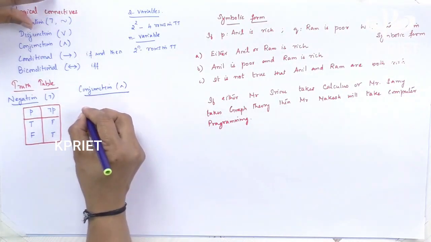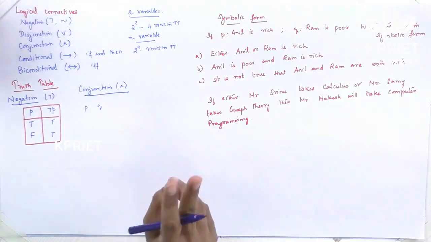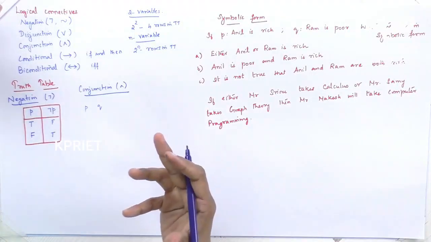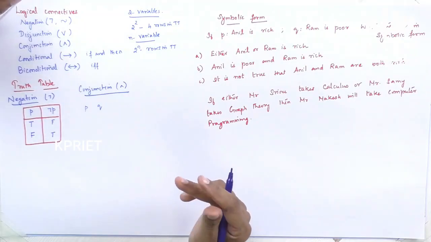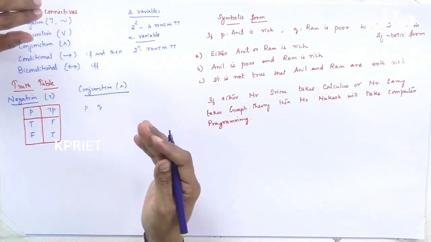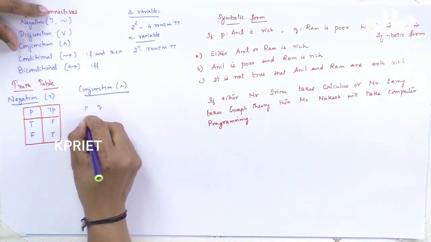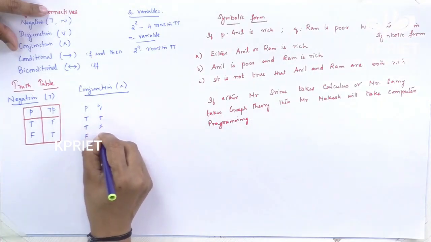Suppose I have got 2 variables, say p and q. Then how many rows do we have in this truth table? It will be 2 power 2, which is 4 rows. So what are the various possible assignments of truth values these variables will take? Let us see that. We'll have TT, TF, FT, and FF.